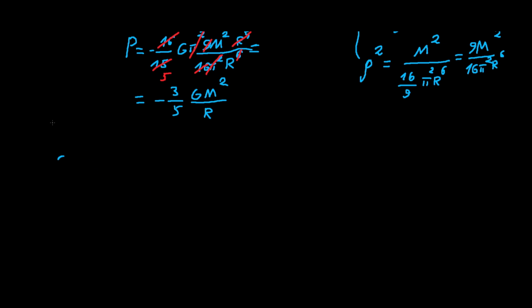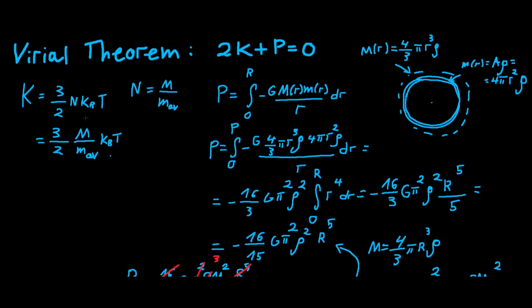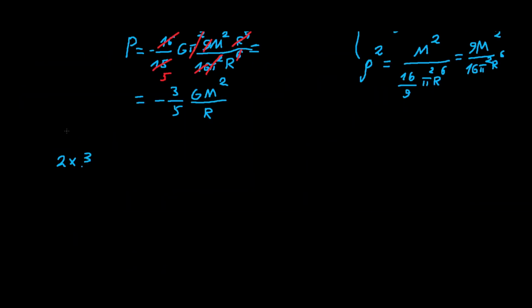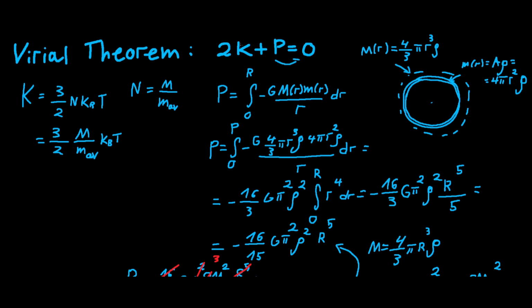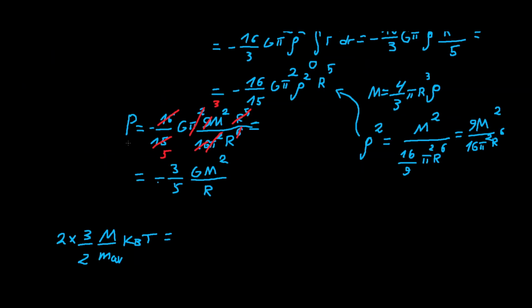So this means that we get 2 times 3/2 M over m average k_B T, and once we put the P on the other side, we have minus P. Here we also have a minus, so the minuses cancel, and we have 3/5 G M squared over r.